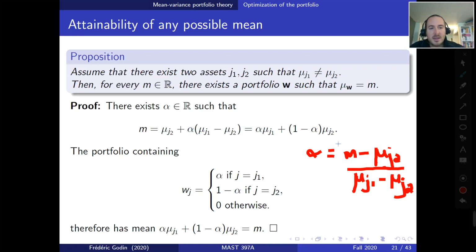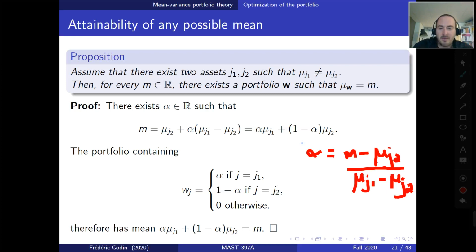So we can see that m is a linear combination of the expected returns of both assets, where the sum of the linear coefficients is equal to 1. So because the coefficients sum to 1, they can be used as weights to construct a portfolio.